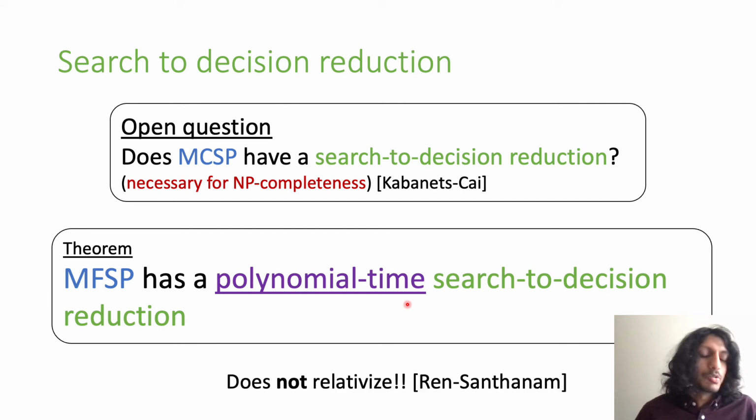And something that makes this result even more interesting is that this theorem, that it has a search decision reduction, does not relativize. There's this result by Ren and Santhanam that shows that there are oracles relative to which MFSP doesn't have a polynomial time search decision reduction. So as a result, this theorem does not relativize.